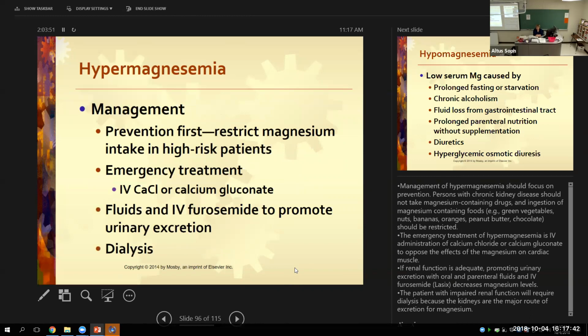I think you learned that last year, in patients who are on a magnesium drip because they're preeclamptic or have PIH. If you all of a sudden notice problems and there are high levels of magnesium, you can give IV calcium to reverse that. You can give fluids and IV Lasix to promote urinary excretion, and you can even do dialysis if necessary.